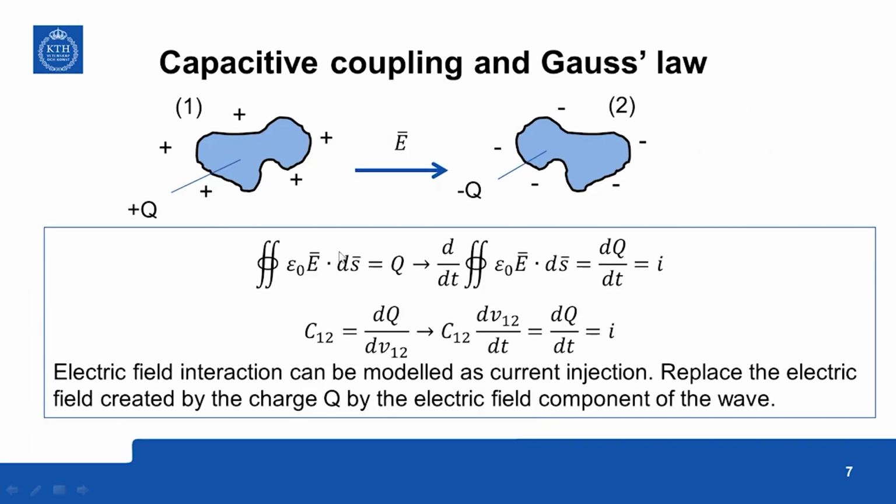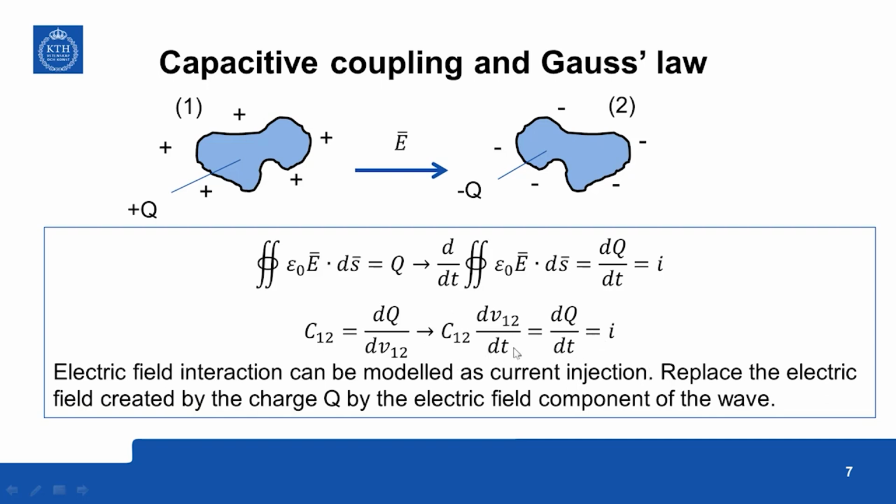Similarly, for capacitive coupling and using Gauss's law, we found that the surface integral of the total flux coming out is equal to the charge enclosed, and from there and from the definition of capacitance we have come up with a model for electric field interaction as a current injection.